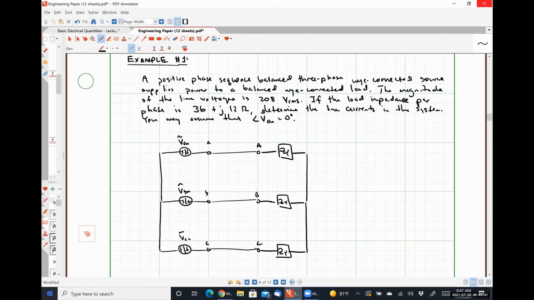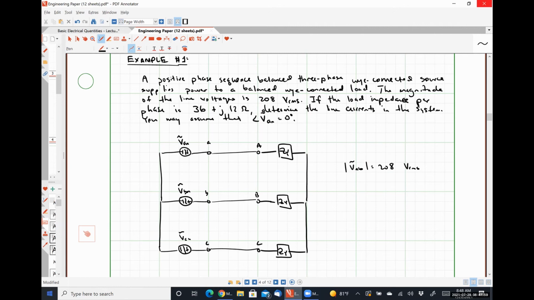So what I'm told is that the magnitude of my line voltages, VAB, is 208 volts RMS. Now, it doesn't say VAB in particular, it could be VBC, VCA, whatever, but the magnitude of all our line voltages are going to be equal because this is a balanced system.